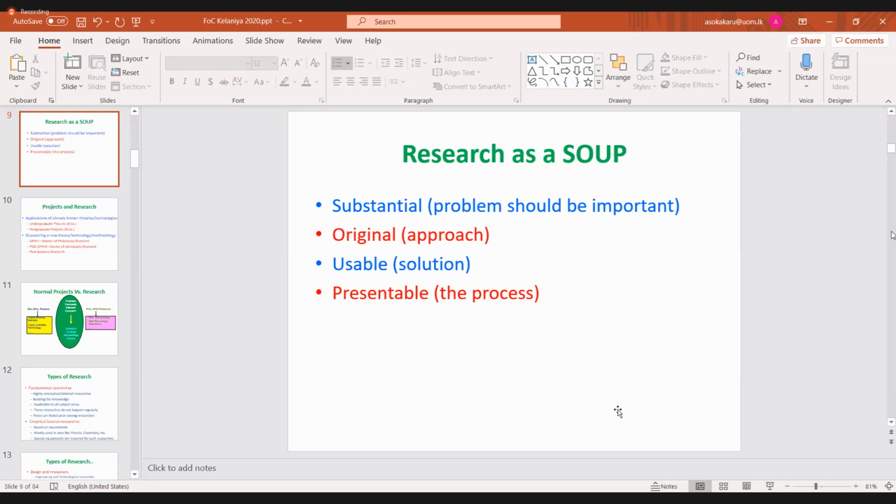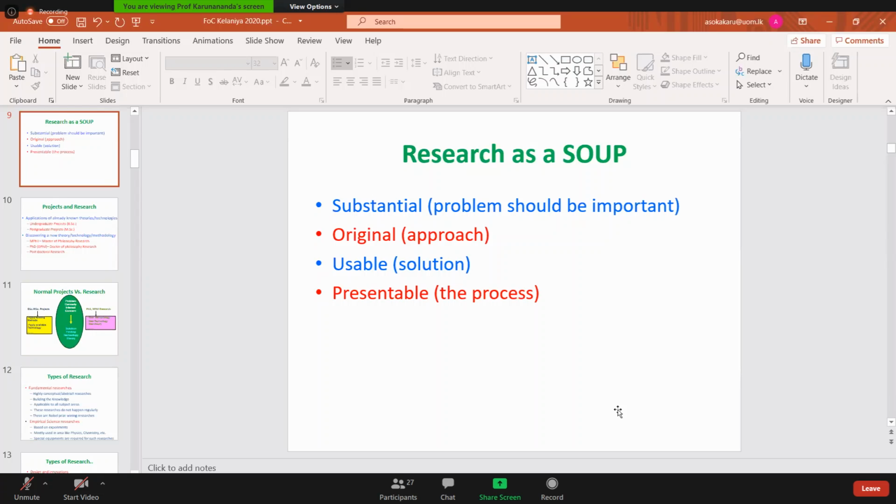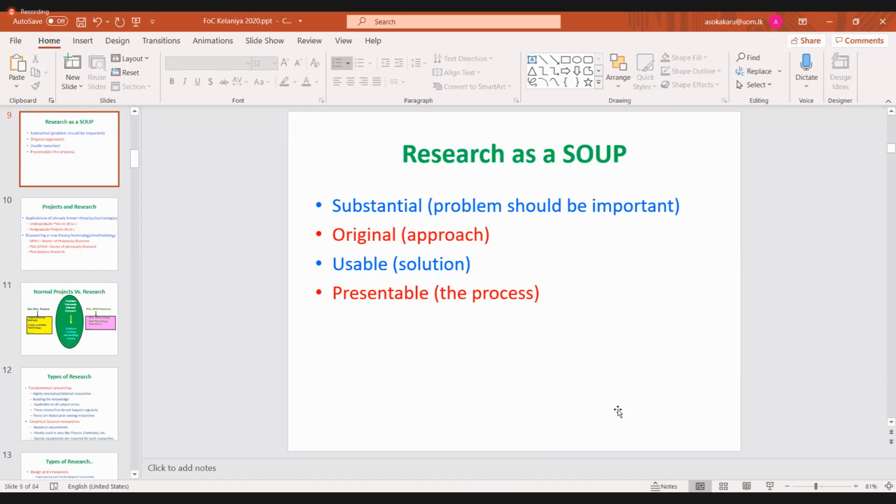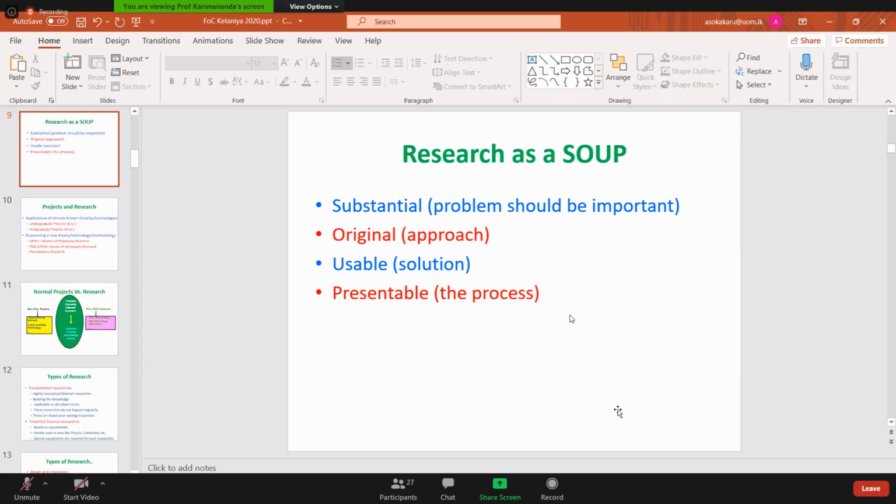So if you feel your English is not strong enough, it is better to do some online English courses and develop your skills toward presentation. Reading will also be there: reading, writing, and presentation.